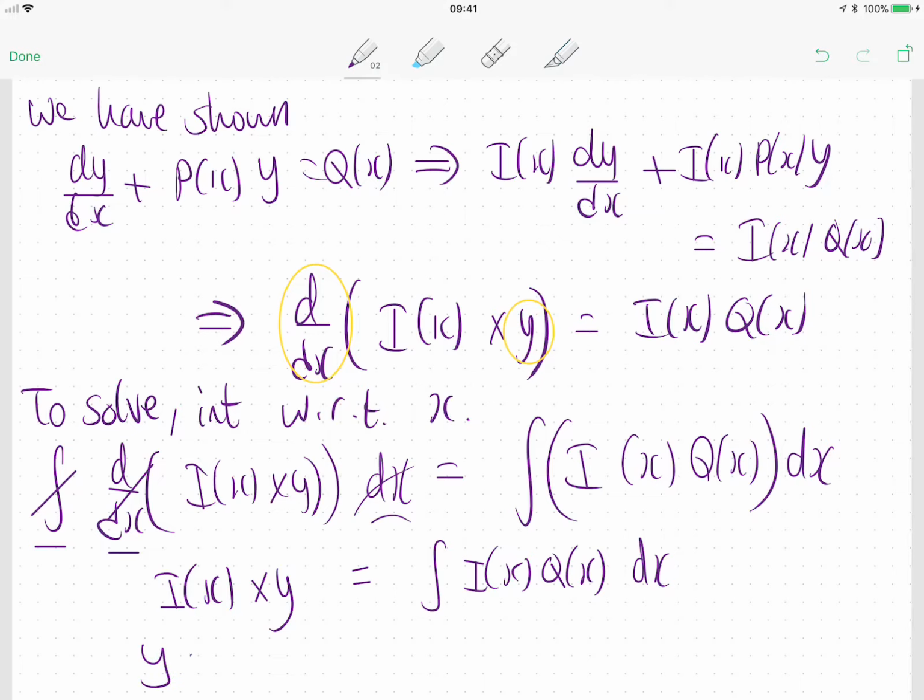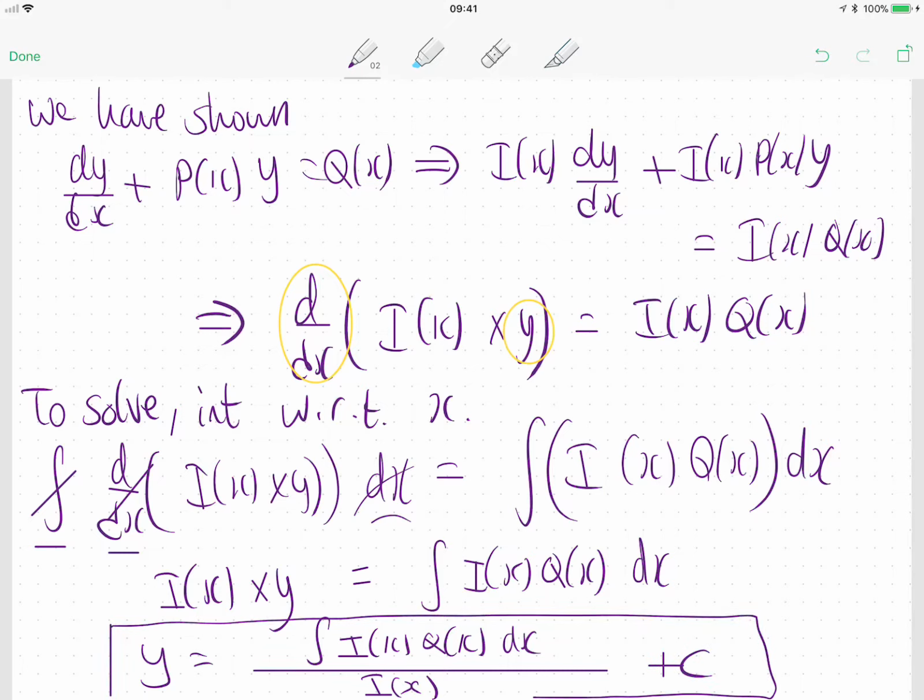So my answer is wherever you get from integrating I times q, divide that by I of x and plus c. Here's my general solution to these first order differential equations using integrating factors.